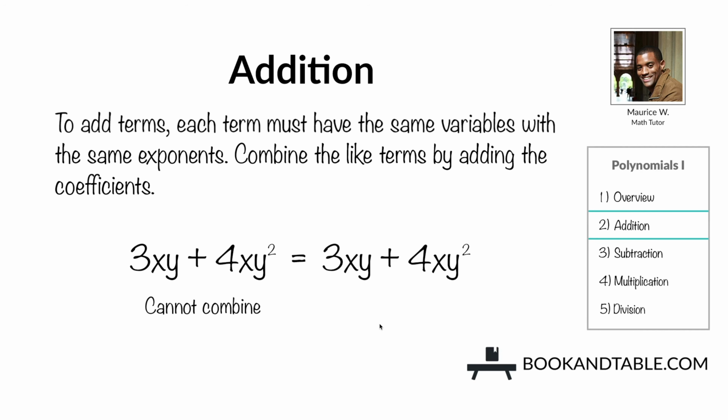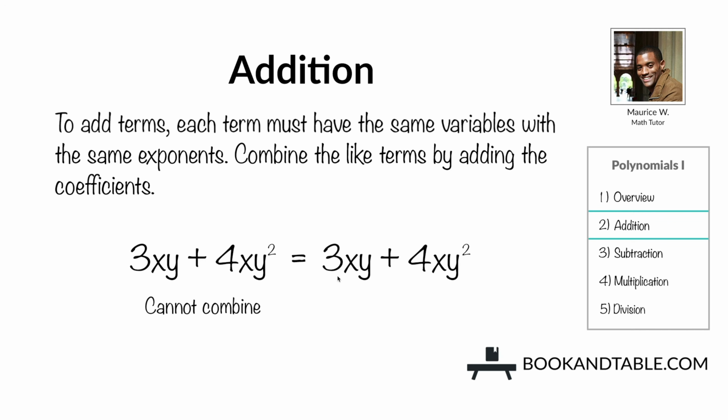Let's now discuss the basic operations, and we'll kick things off by reviewing how to add polynomials together. To add terms, each term must have the same variables with the same exponents, and you combine the like terms by adding the coefficients. So for example, let's say we had 3xy plus 4xy squared.